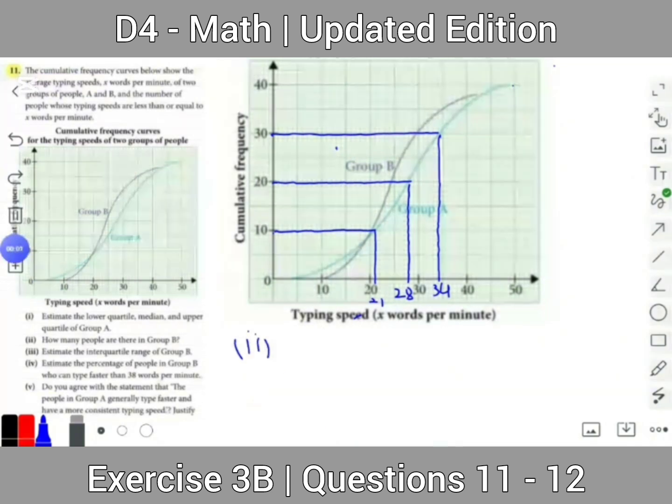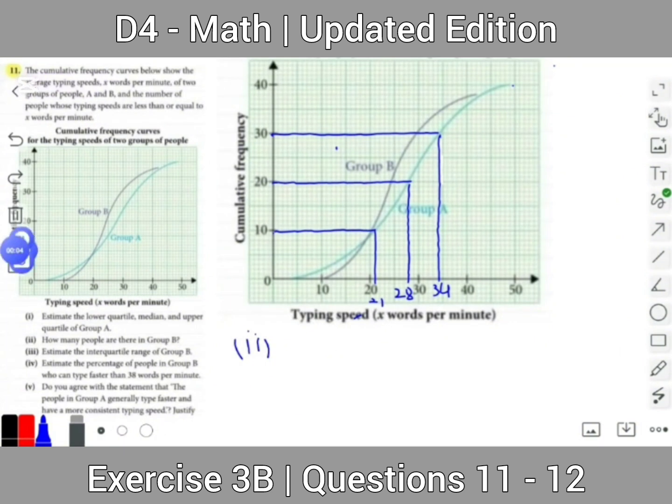In part 2, how many people are there in group B? To find the size of group B, we have to locate the highest point of the cumulative frequency curve representing group B. From the graph, if we draw a horizontal line from the highest point of the curve representing group B and extend it until it touches the y-axis, the value here is approximately 38.